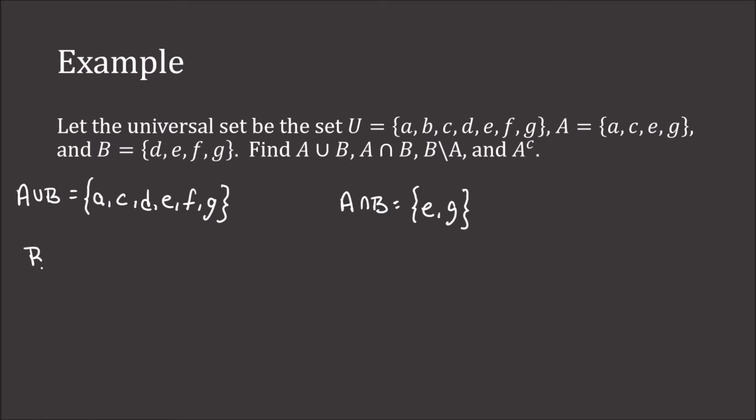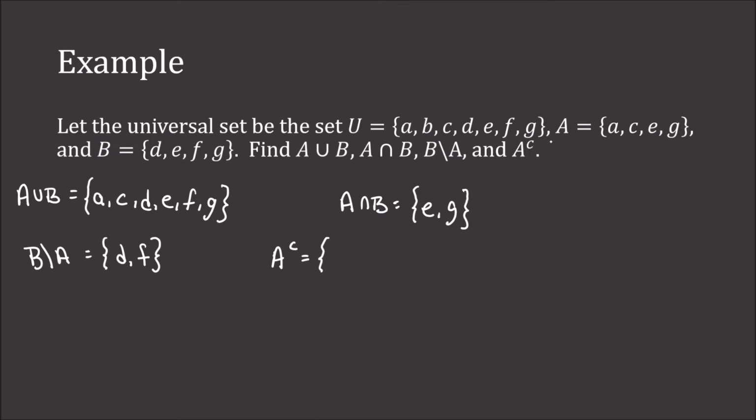So B minus A is the set of everything in B except what's in A. So D is not in A. E is in A. F is not in A, and G is in A. So B minus A is the set D, F. And finally, A complement is the set of everything in our universe except for what's in A. Right?